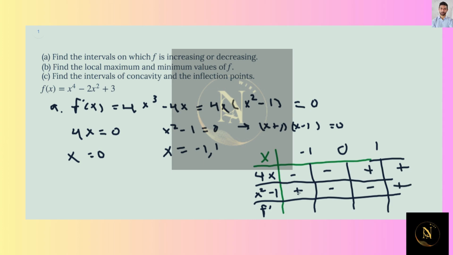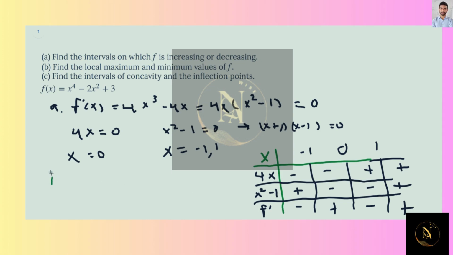So now you multiply across, so positive times negative is negative, negative times negative is positive, positive times negative is negative, and positive times positive is positive. So now that this tells us the signs of f prime, we know the intervals on which it is increasing and decreasing, which I will write here.